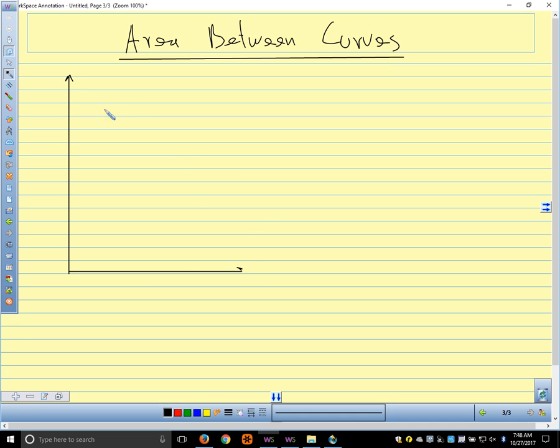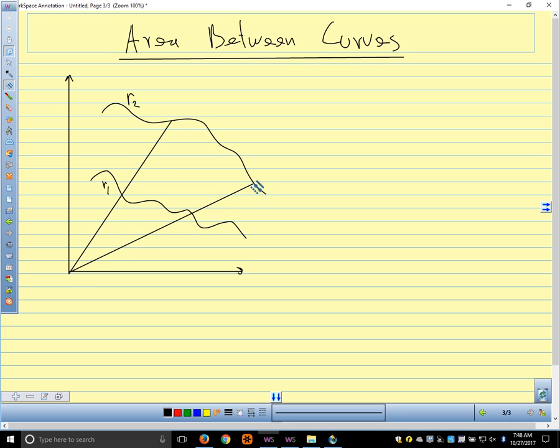We have some function here, R2, and some function here, R1. And we want the area between these two curves from theta equals alpha to theta equals beta.